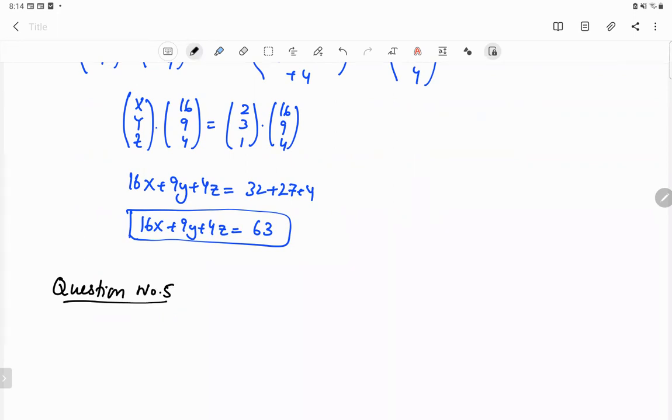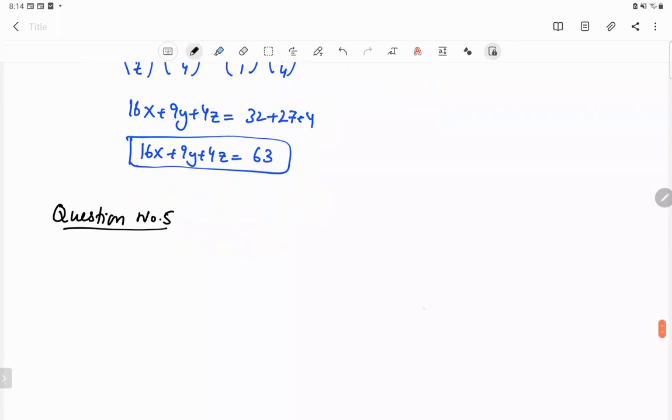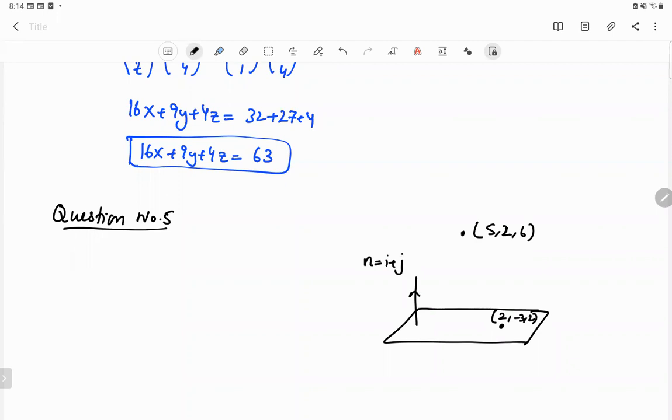It says, find the shortest distance between a point, the point is (5, 2, 6), and the plane that passes through the point (2, -3, 2), and the vector normal to the plane is i plus j.